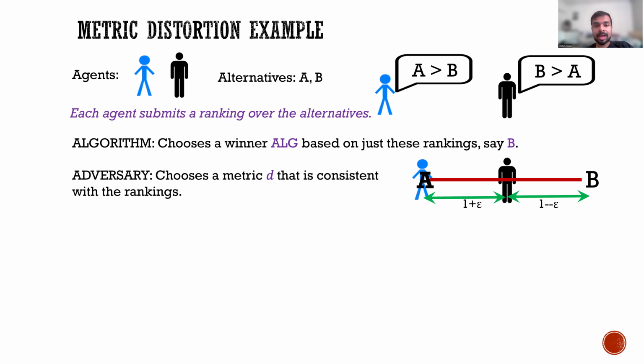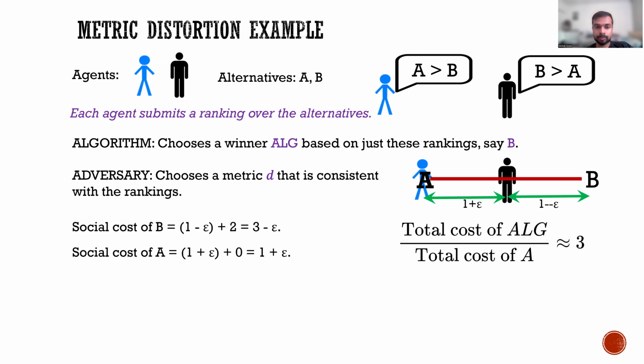Now the adversary can pick a metric which is consistent with these rankings. However, the task of the adversary is to make the choice of the algorithm look as bad as possible. So they put the voter who prefers B at a roughly equidistant point between A and B, such that their cost from B is only 1 minus epsilon and that from A is 1 plus epsilon, whereas the voter who prefers A has a strong preference and their distance from A is 0, whereas the distance from B is 2.